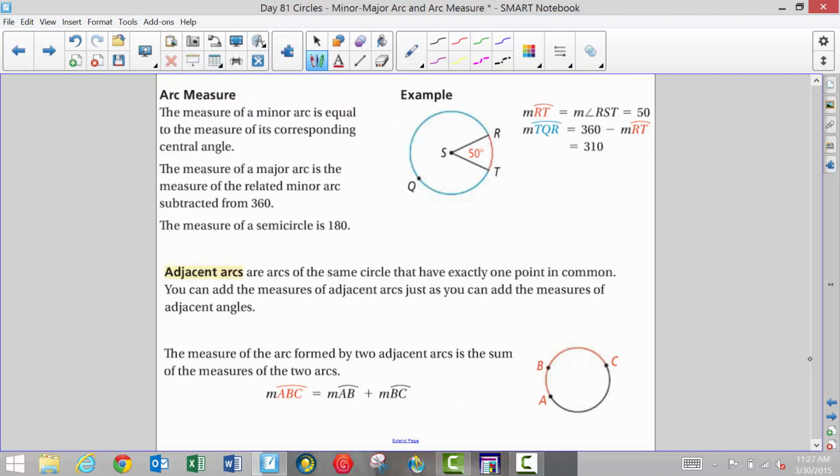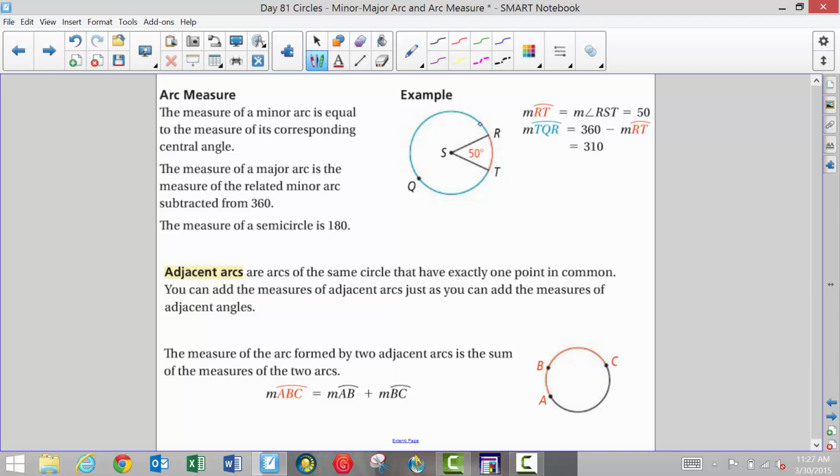So after naming your major, minor arcs, and semicircles, you should also be able to find the arc measure. The arc measure is the degree measurement between the 2 points on the circle. Okay, so in my example, I have circle S, and the red arc is RT.